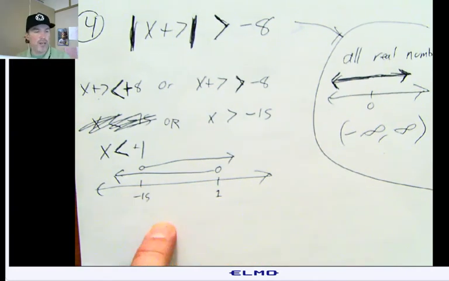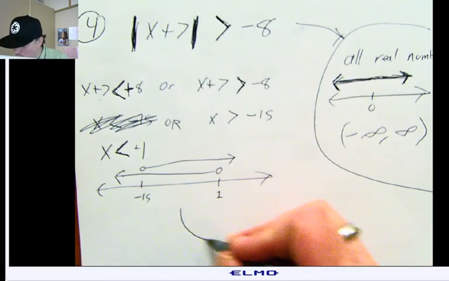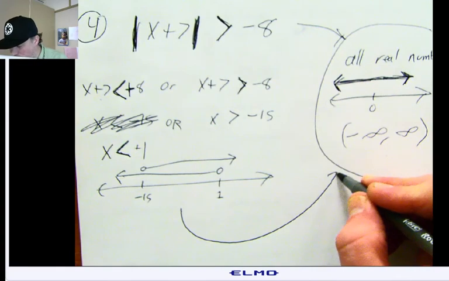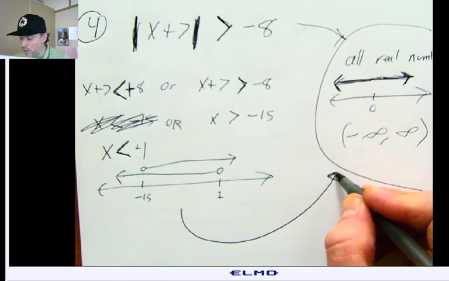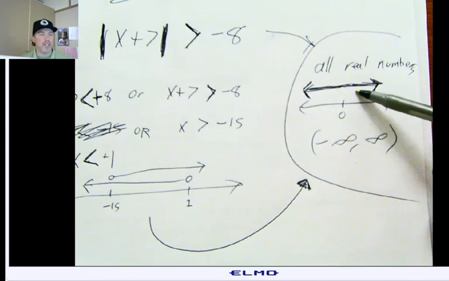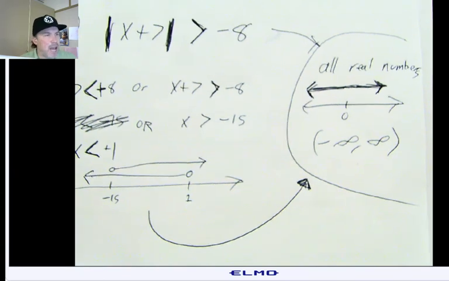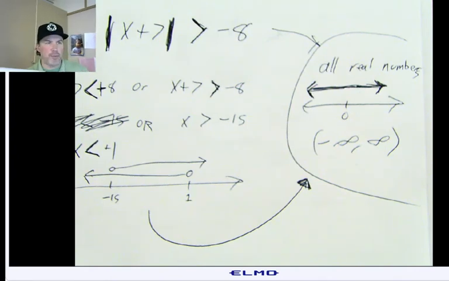So at this point, after looking at this answer and looking at this graph, you would then come up with this conclusion that the answer is indeed all real numbers. And then you graph this number line to demonstrate that it works everywhere, and you answer negative infinity to infinity. Okay, so that is absolute value inequalities of the greater than persuasion.